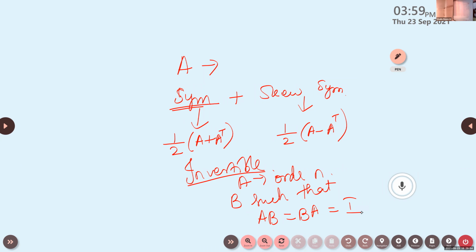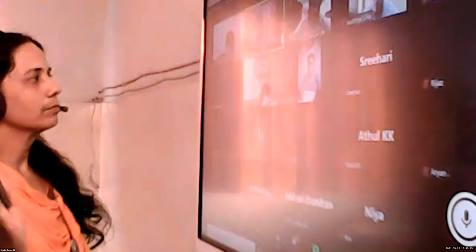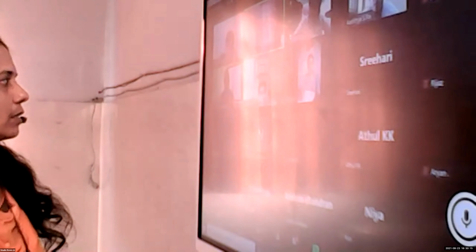Then we say A is invertible, and the inverse of A is B and the inverse of B is A. So only this much concept is there in matrices.